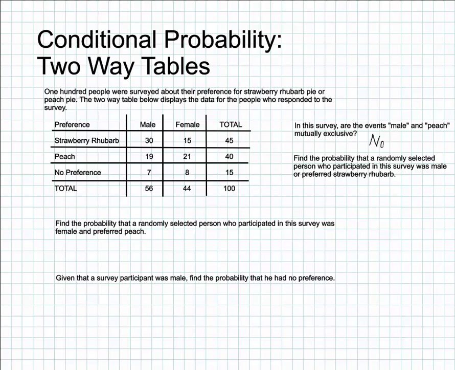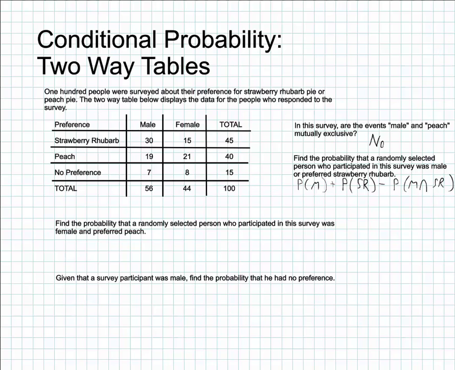Find the probability that a randomly selected person who participated in the survey was male or preferred strawberry rhubarb. So to do this, we should do the probability that they are male plus the probability that they preferred strawberry rhubarb minus the probability that they're male and preferred strawberry rhubarb.